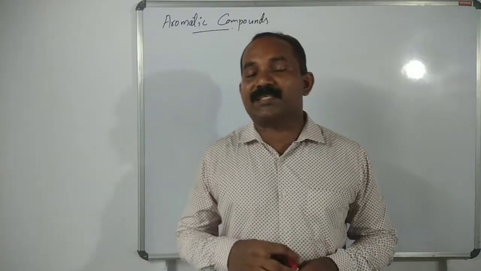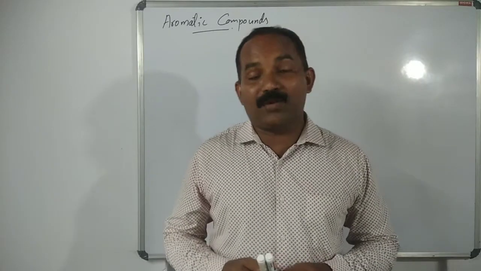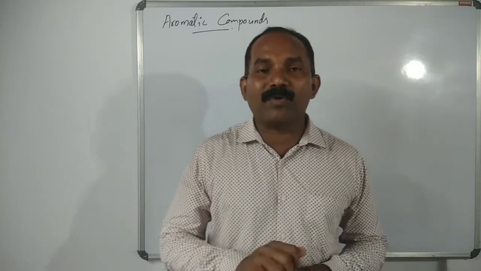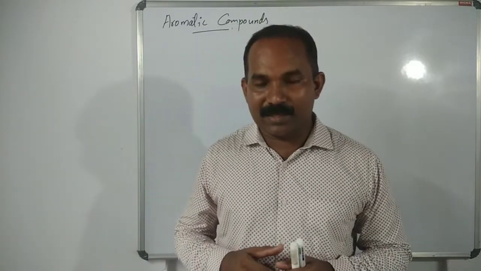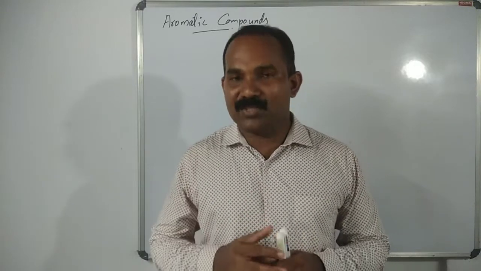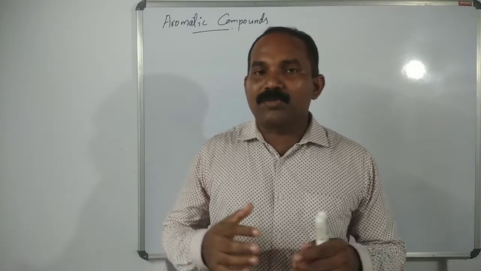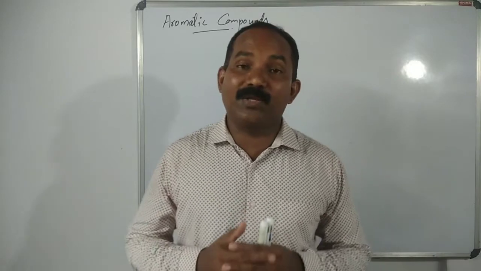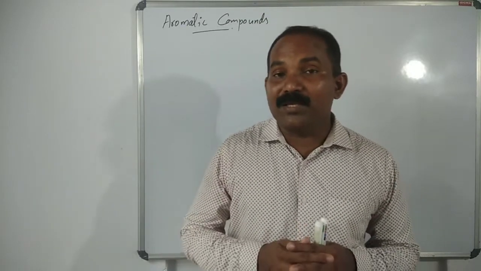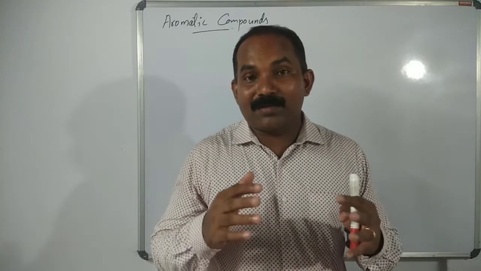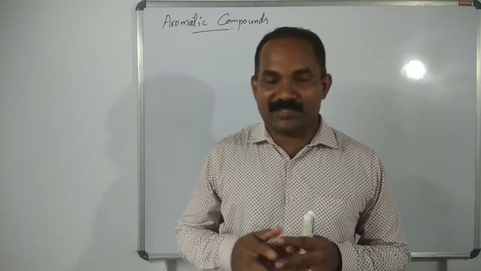Okay. Next we discuss the naming of aromatic compounds. Aromatic compound means benzene and substituted benzene. Benzene is the parent chain. So the functional groups are usually prefixes. In derivatives of benzene, the functional groups are usually prefixed.